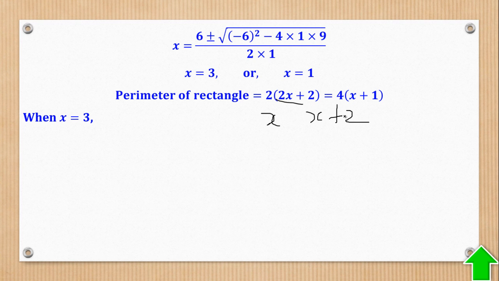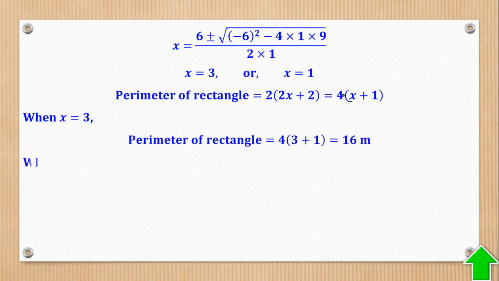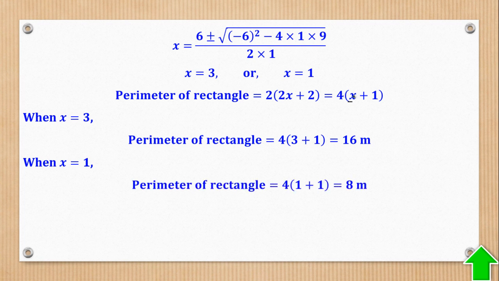So perimeter is 2 into brackets length plus width. So this plus this gives you 2x plus 2. Factorize out 2, you come up with 4 into x plus 1. Therefore, when x is 3, come and put 3 here. You'll come up with that. And when x is 1, you'll come up with that. And that's what they wanted.